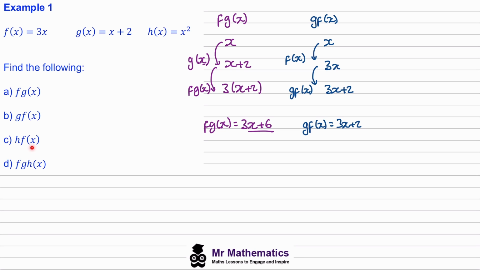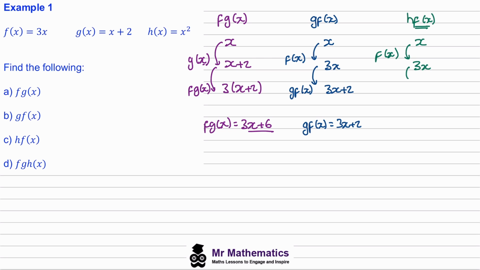For question C, hf of x. Do you want to try and work this one out yourself? Begin with the x term and then work your way to the left. Okay, so we have the x, and then we apply f of x. So we substitute x into here, and we get 3x.